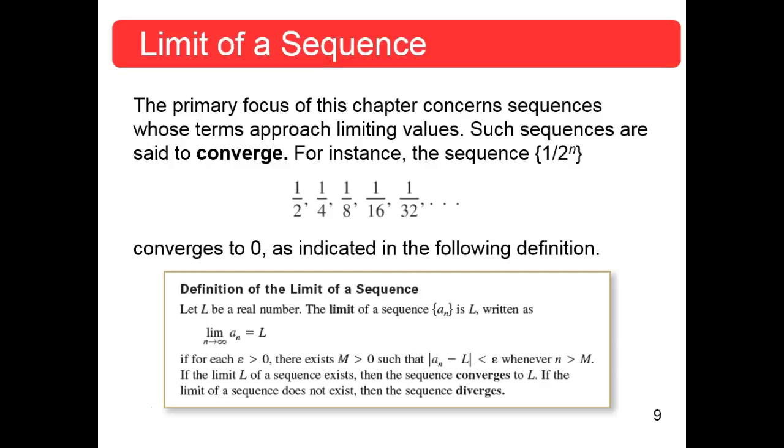Here's the sequence. This is 1 over 2 to the n. What would be the first one? 1 over 2. The next one? Next. Next. 1 over 16, 1 over 32. Okay. So yeah, that's what we got here. Now, it looks like they may be converging.